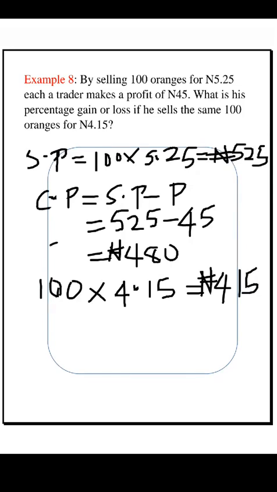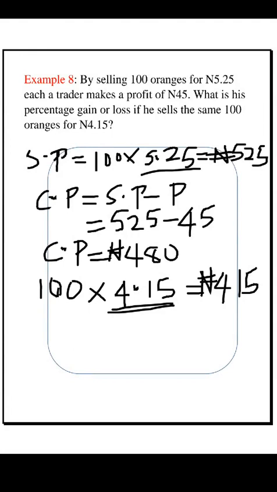Instead of selling at 5 naira 25 kobo, the person has sold each orange for 4 naira 15 kobo. So the selling price is going to be 415.